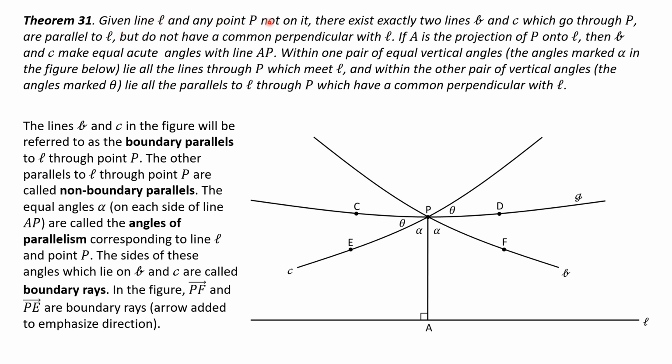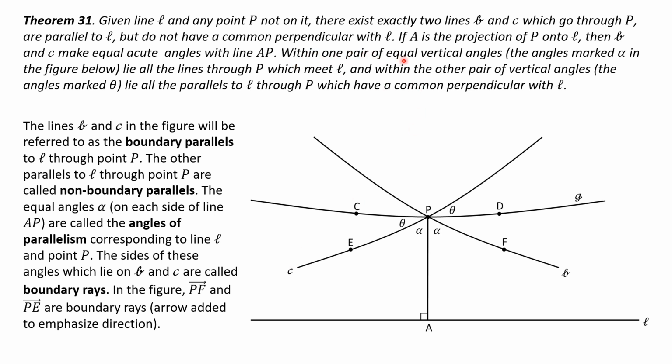Given a line L and any point P not on it, so here's our line L, here's our point P, there exist exactly two lines, B and C, shown in the figure here, which go through P, are parallel to L, but do not have a common perpendicular with L. If A is the projection of P onto L, in other words, the perpendicular projection, then B and C make equal acute angles with AP. So these two angles are the same here.